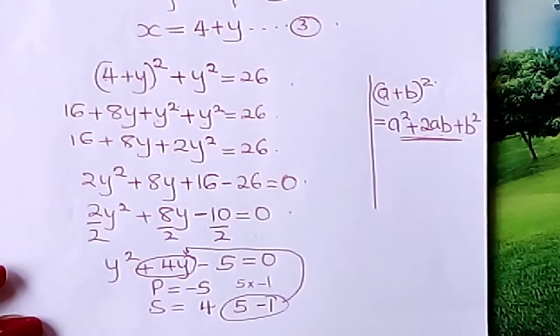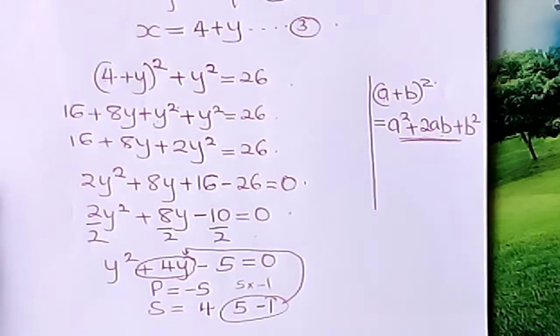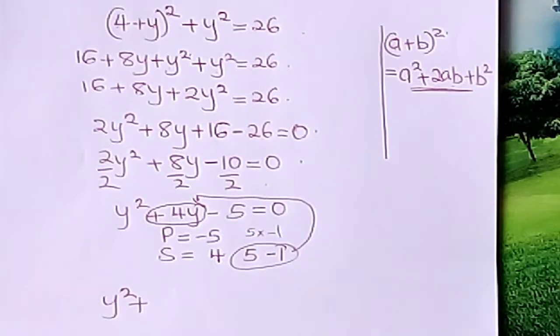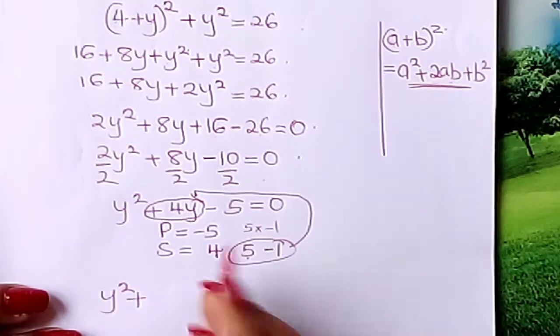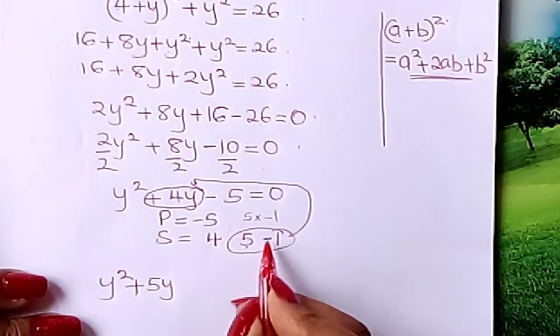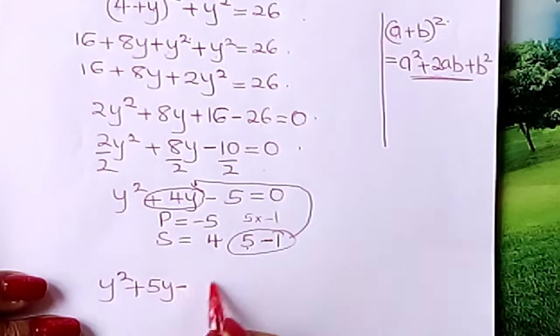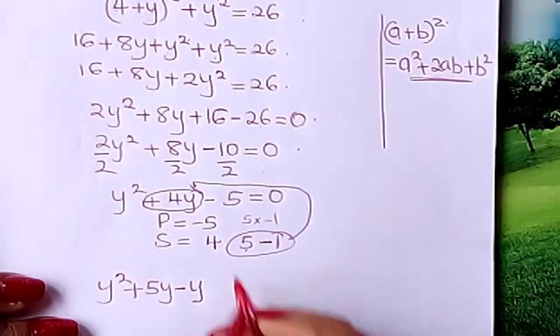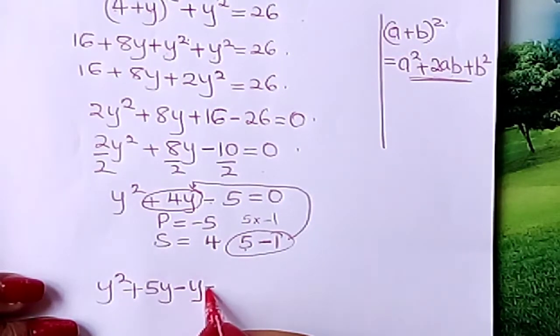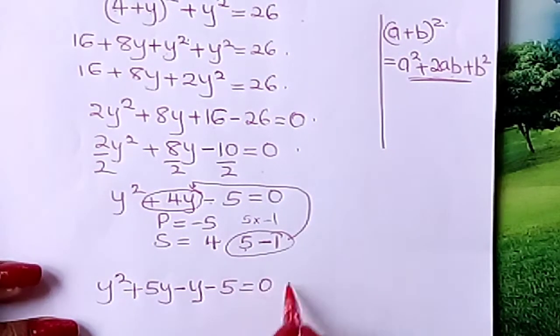So we write y squared plus 5 multiplied with y, minus 1y, which is the same as just y, then you go back to this, minus 5 is equal to 0.